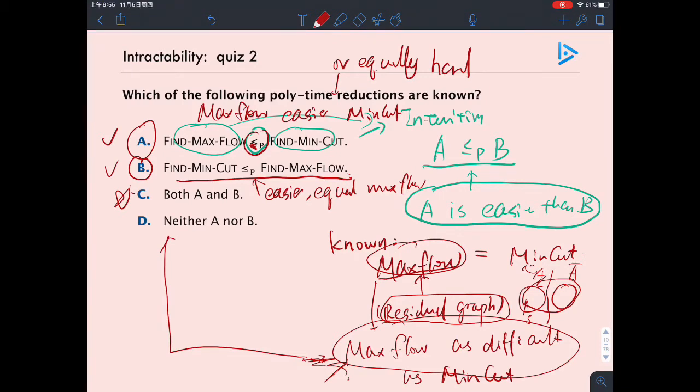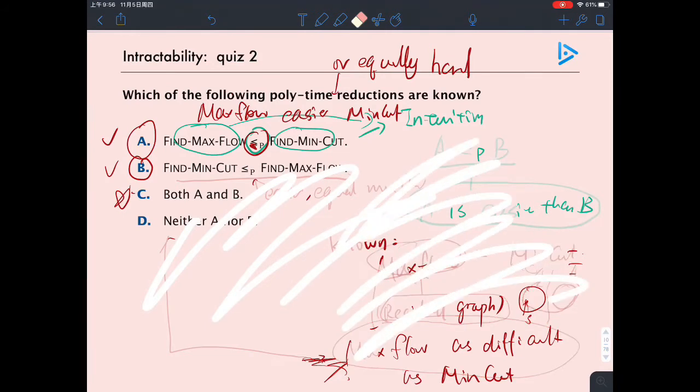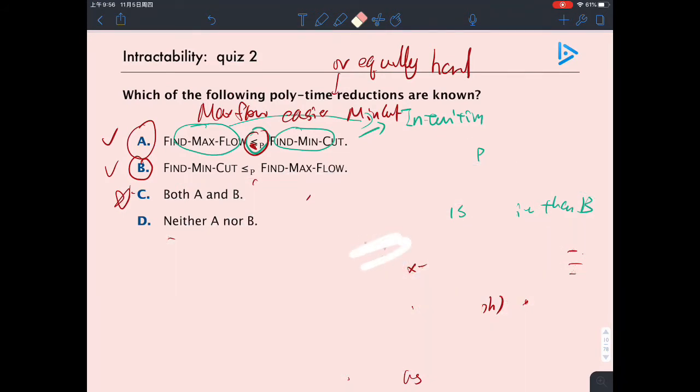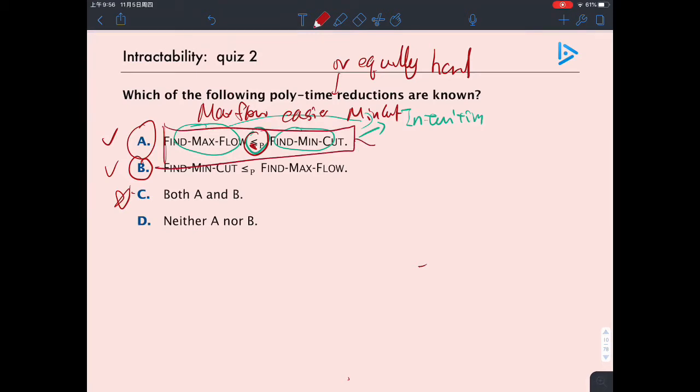Now we can also look into the formal mathematical definitions. Let me erase things a little bit. Let's go back to the formal definition and really try to understand this statement. We already know this statement is true, and now we want to use this reduction diagram to see what solver is available and how we can call it.